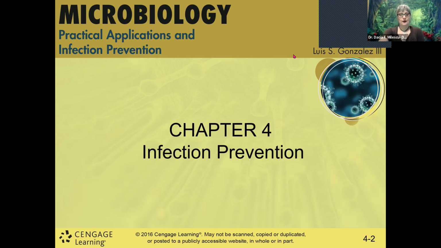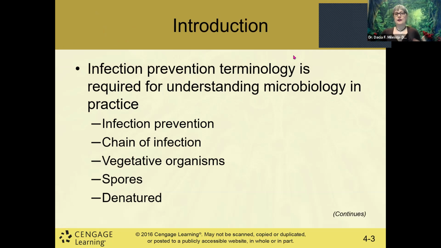All right. So how do we prevent infections? First of all, we need to understand the organism. So understanding the organism, how it works, and we've created terminology that is the language of microbiology. So we need to know the chain of infection, how it began.